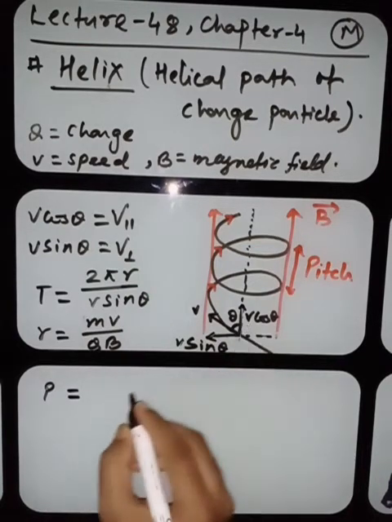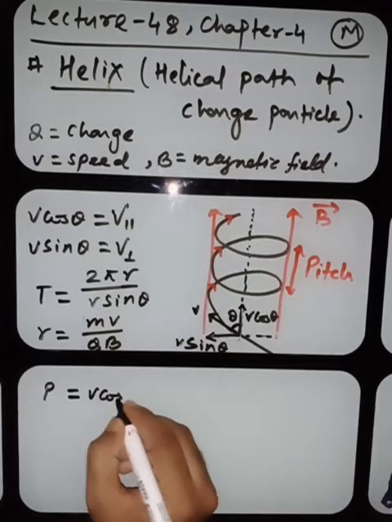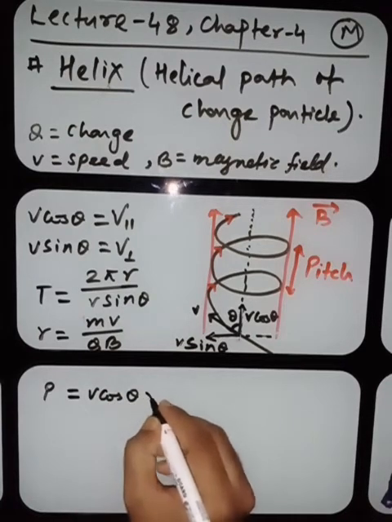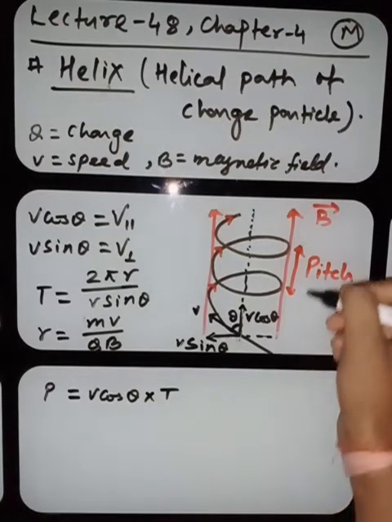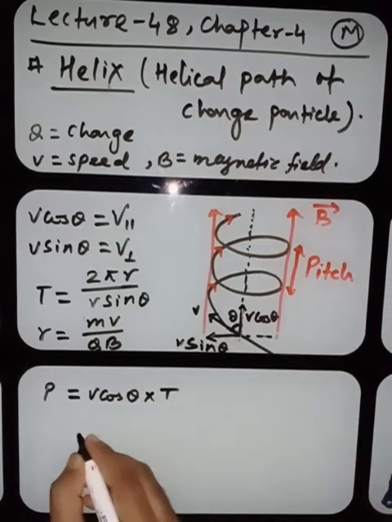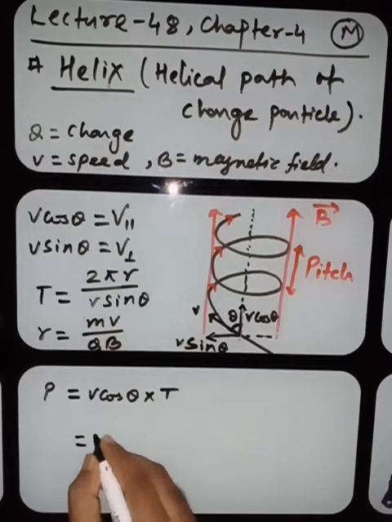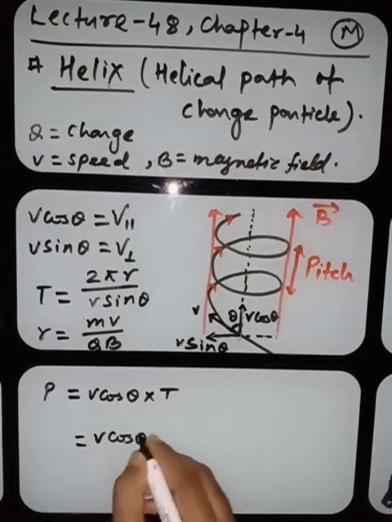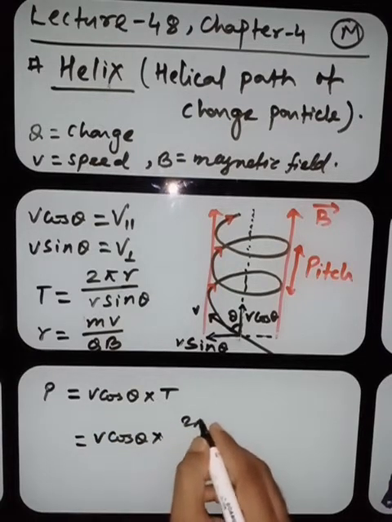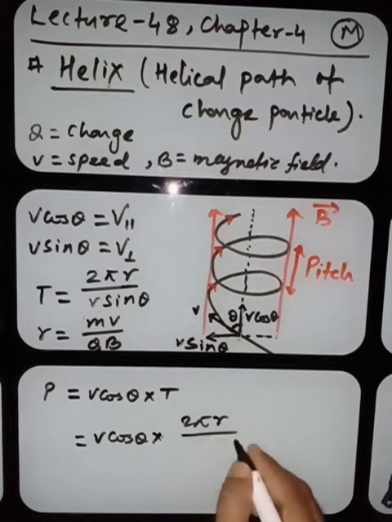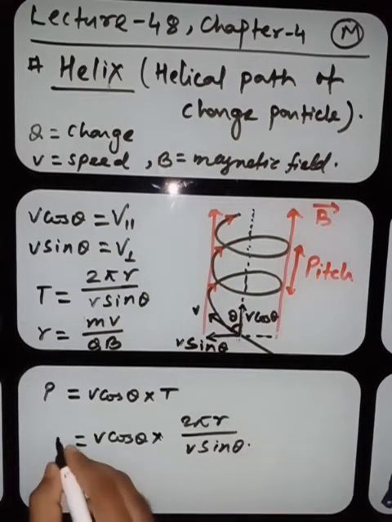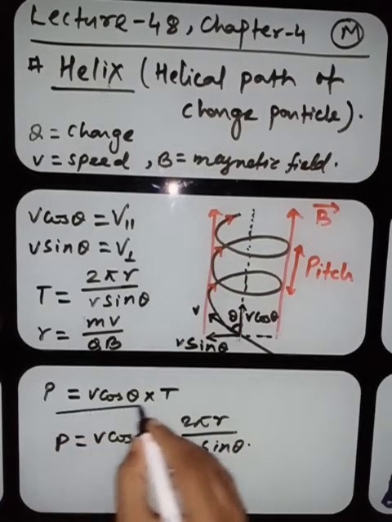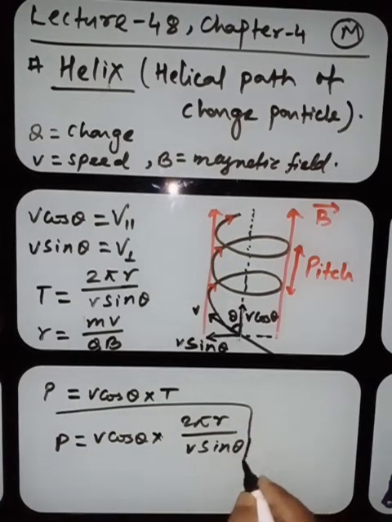The velocity is v cos theta, and the time is what this charge takes to travel this distance. So we have v cos theta times 2 pi r divided by v sine theta. This is the pitch. We can simplify this also.